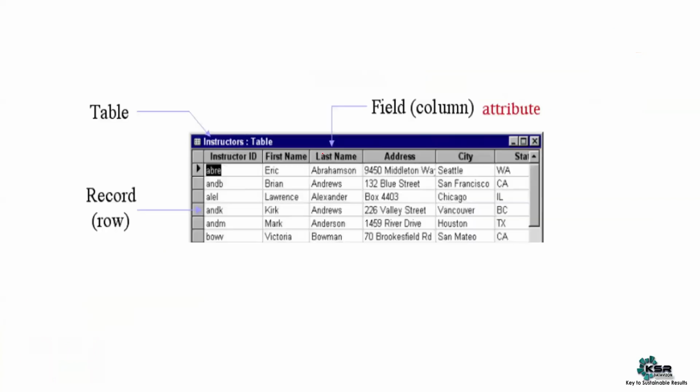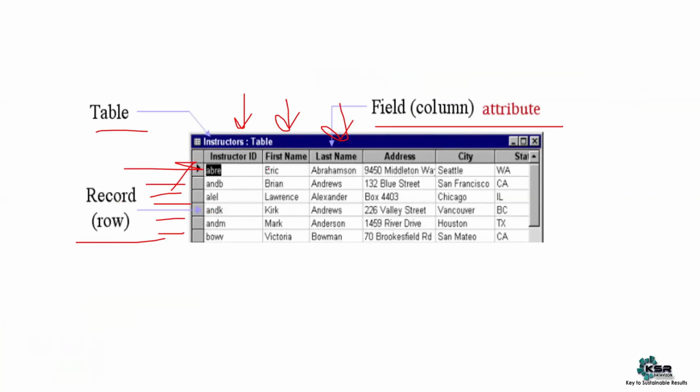Now going further, this is how a table should look. It's very easy, you can get this information anywhere. This is how a table will look: one row and multiple columns. Now there are multiple rows also. These are the horizontal rows and vertical columns. If you see instructor ID, this is one single data type. Anyway, there are no numeric data types, so all the data types are string only.